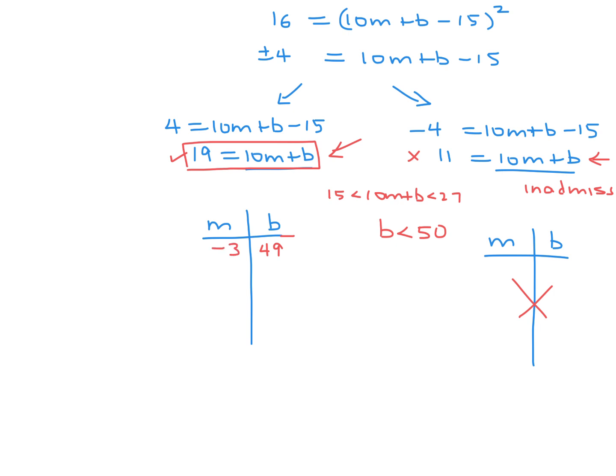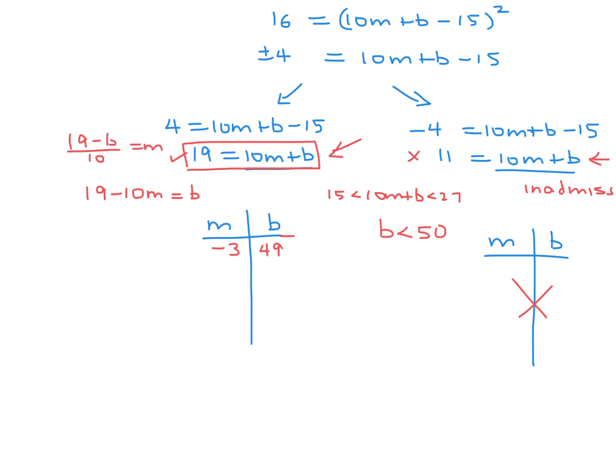Continuing like that, if you isolate for b, you get 19 minus 10m is b. Or if you isolate for m, you get m equal to 19 minus b over 10.